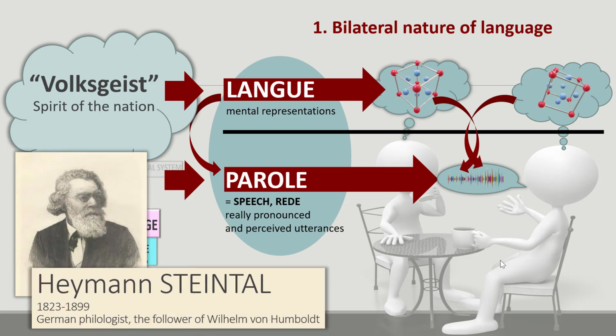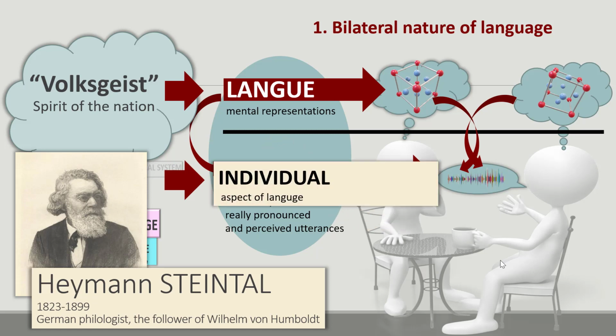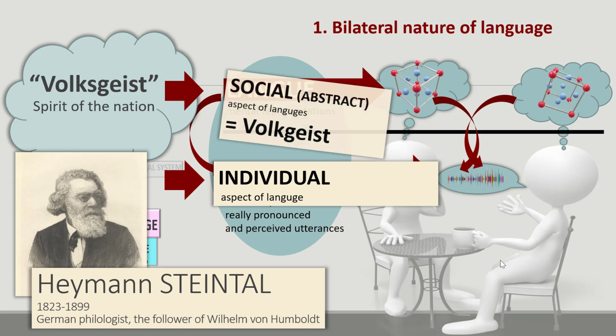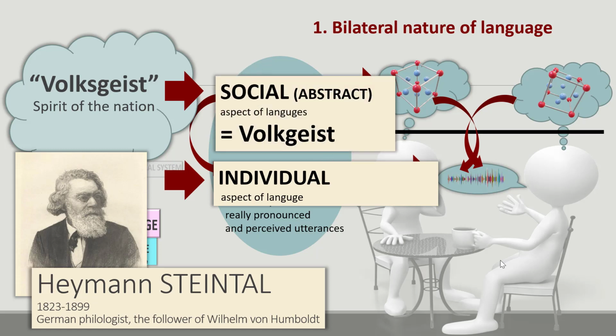The famous German philologist Heymann Steinthal, who was a follower of Wilhelm von Humboldt's ideas on language, used the concept of Volksgeist to explain the social nature of languages. According to Steinthal, language is a product of individual activities, but at the same time, it has a mental part, that is, mental representations shared by all speakers.